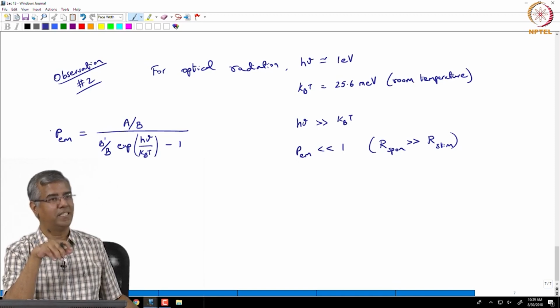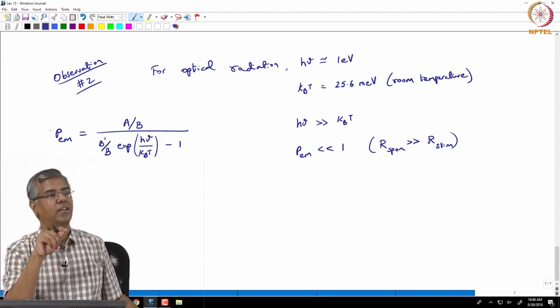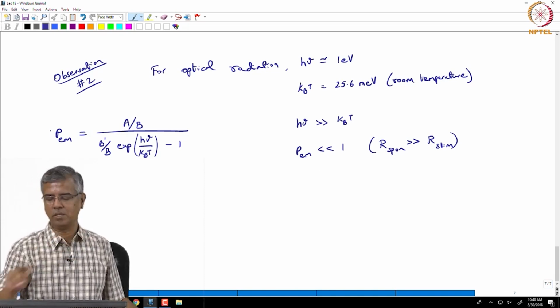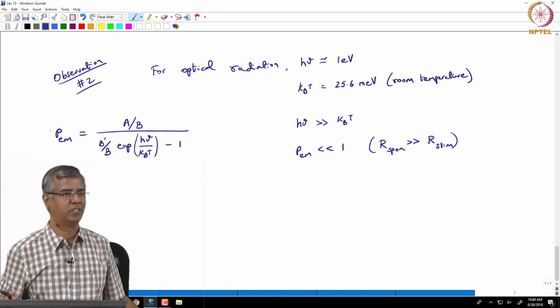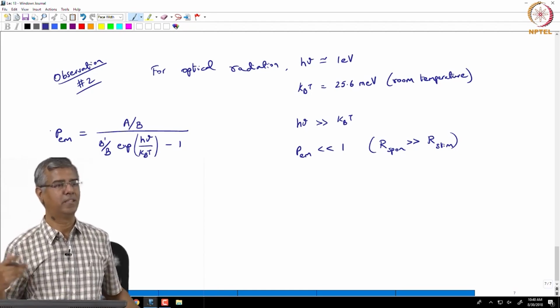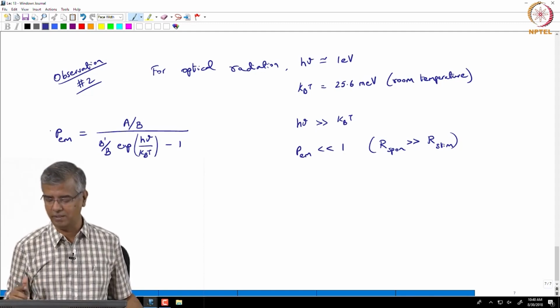So we said it's steady state, but then we said there's some other condition that we are considering. Thermal equilibrium conditions, right? So stimulated optical radiation is not possible under thermal equilibrium conditions. So that's what this is saying, right?